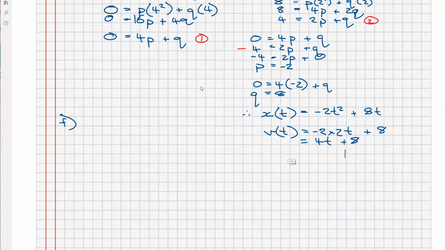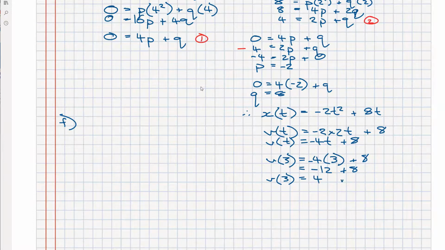And then we're going to say 3 seconds. -4 times 3 plus 8. And remembering that was a negative, this is going to be -12 plus 8. And therefore, our velocity at 3 seconds is simply going to equal -4 meters per second. Too easy.